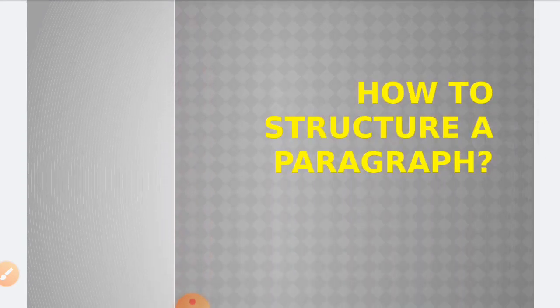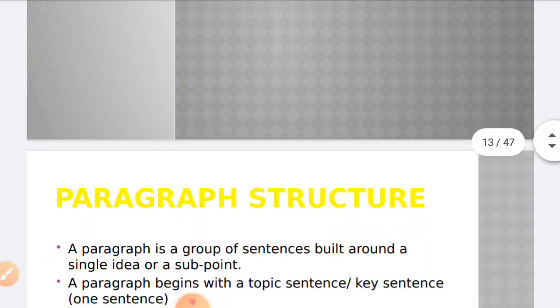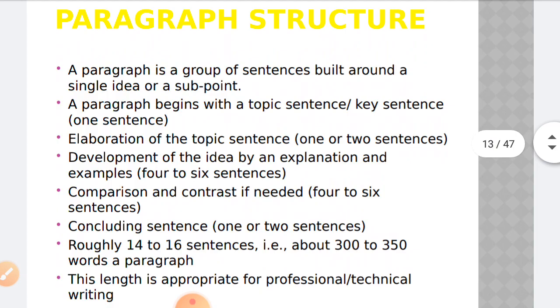Next, I would like to discuss how to structure a paragraph in a research paper. As far as paragraph structure is concerned, certain important points are to be kept in mind. A paragraph is a group of sentences built around a single idea or a subpoint.